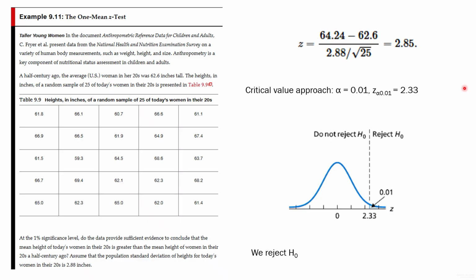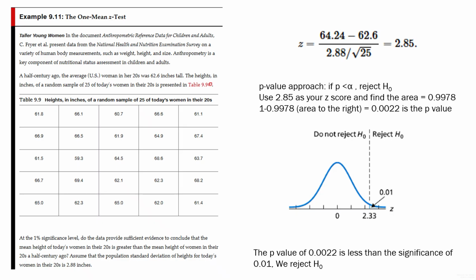So you take 1 minus 0.01, look in the body of the table, and then you will match it up and you will find 2.33 is your critical value. And so if you draw it on a number line, you put 2.33 here, and our test statistic is 2.85. So it's way out here in the rejection region, and so we reject H0.